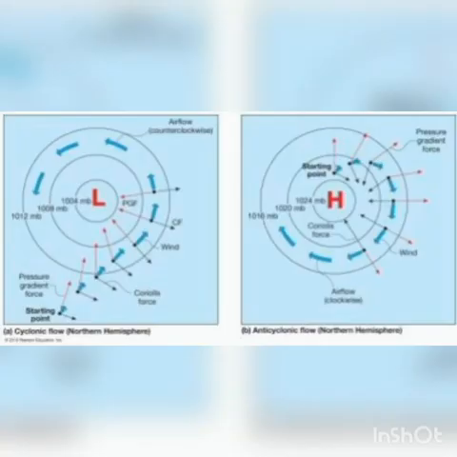Now children, on a weather map, the center of a cyclone is represented by the letter L, and the center of an anticyclone is represented by the letter H. Children, this is also one of the most important points. Generally, this question is asked in the exam. So please keep this in mind.